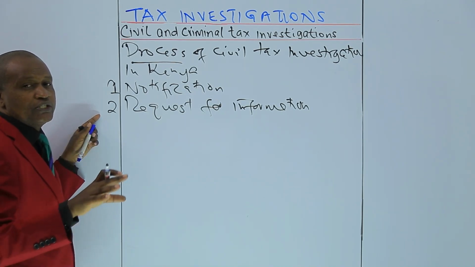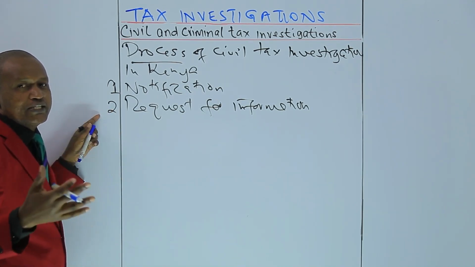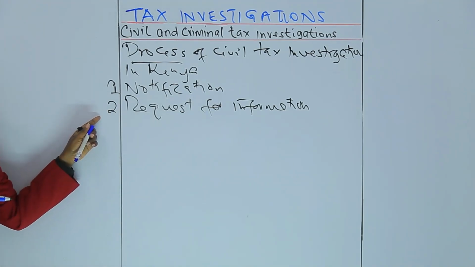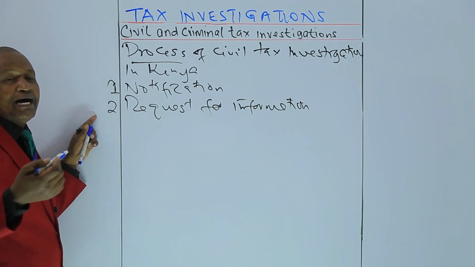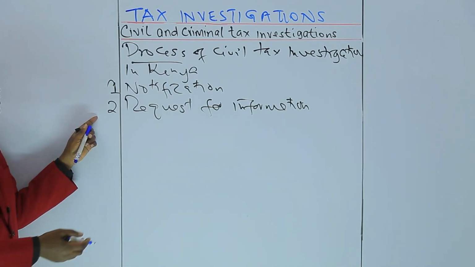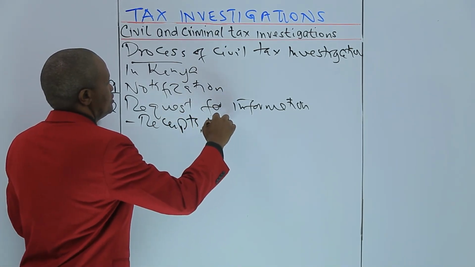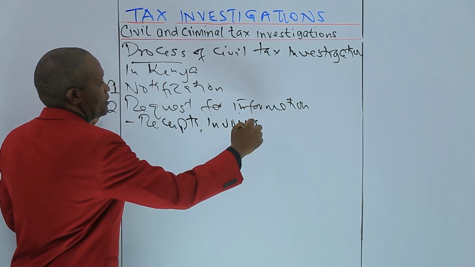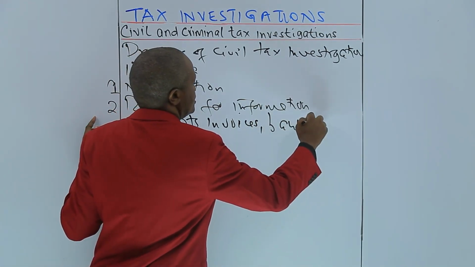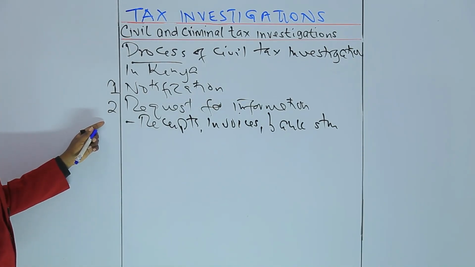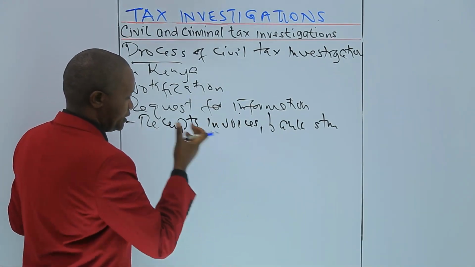The Revenue Authority will request that the taxpayer provides documentation to support their tax return. This documentation may include financial statements, bank statements, invoices, receipts, and so on. Request for information from the taxpayer.